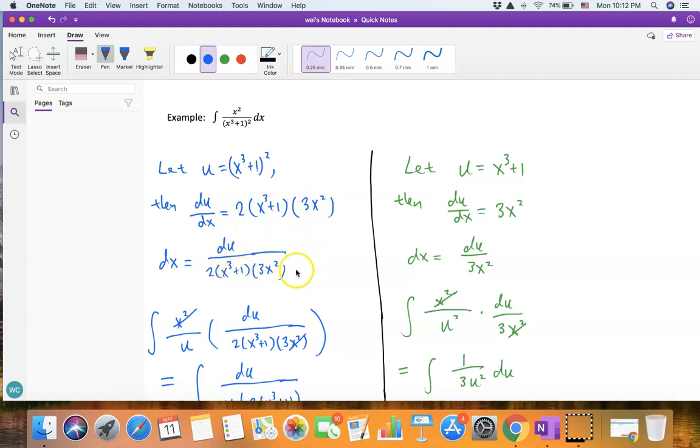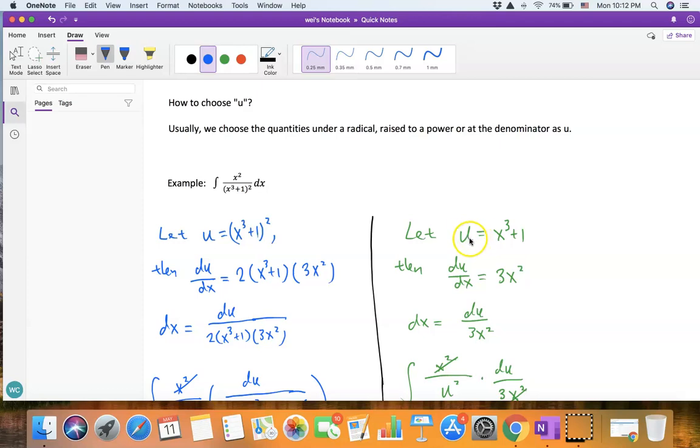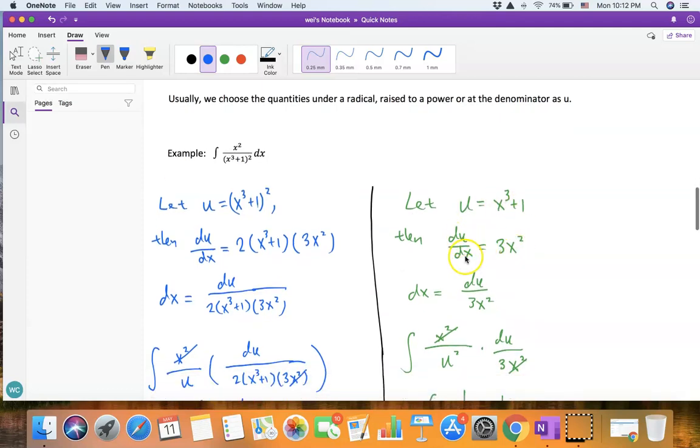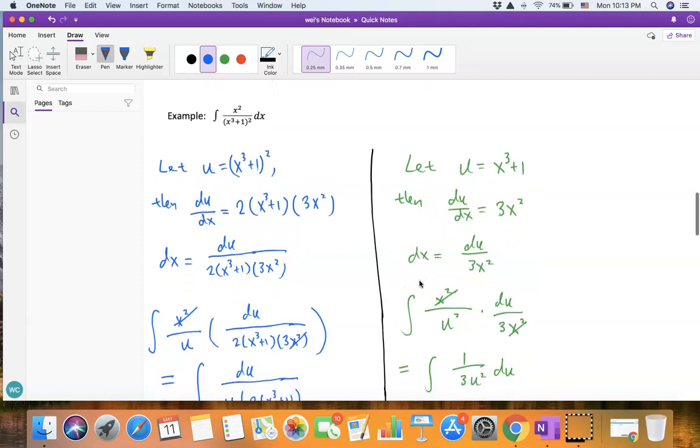Now let's stop here and take a look at the second person's result. According to the second person's choice, if u is x to the third plus 1, then du over dx, using the power rule, is 3x squared, and dx equals du over 3x squared. You divide by 3x squared, and multiply by dx, so you can solve for dx.